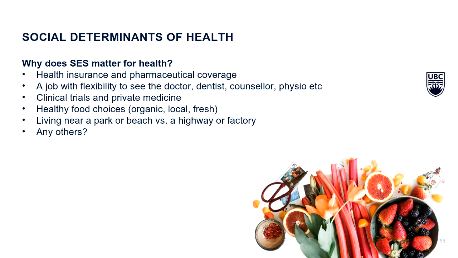They have the opportunity to make healthy food choices, for example, eating organic, local, and fresh food regularly. High SES housing is often located near a park or beach, whereas low SES housing tends to be closer to a highway or factory. This shapes daily life and long-term health outcomes. For example, we know that living close to a highway is associated with higher incidences of asthma in BC.